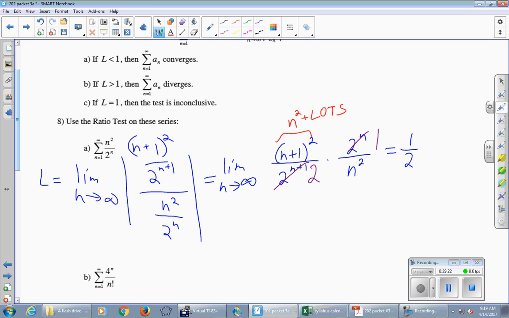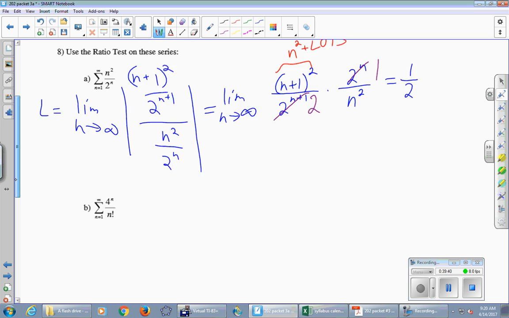Okay, we calculated the limit. That's the hard part. Now we just have to read the theorem, make the right conclusion based on the answer. This is L. L is 1/2 here. Anything less than 1, that series converges. 1/2 is less than 1, our series converges. It's a simple sentence. Here we go.